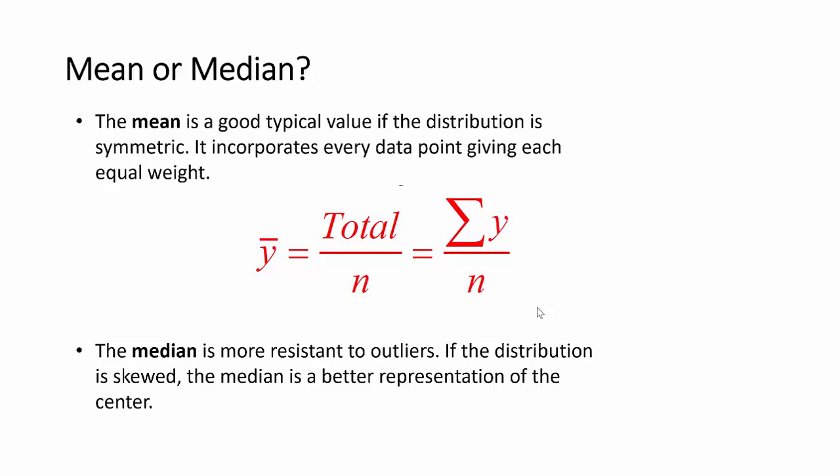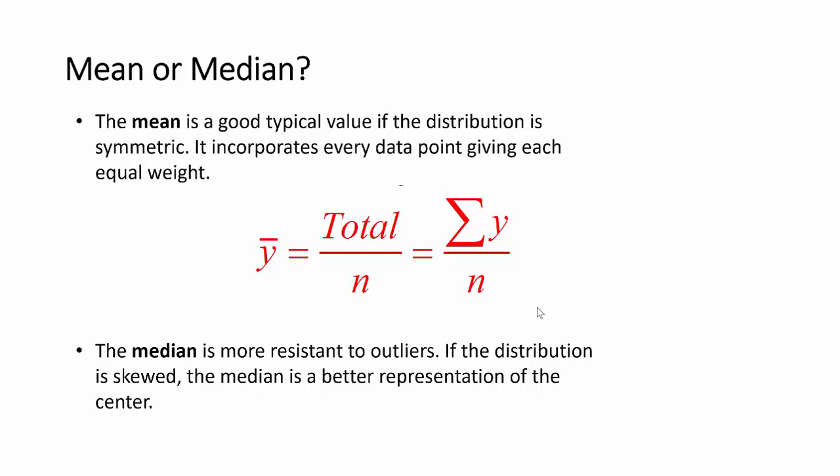The median is good in other situations. So the median, because it's more resistant to those extreme values, to those outliers, we typically use this if the distribution is skewed, and as you may remember from the first video, when the distribution is unimodal. A median is simply the middle of the data.